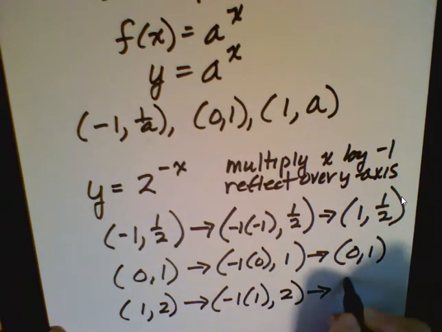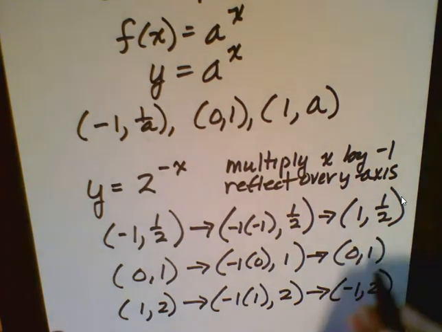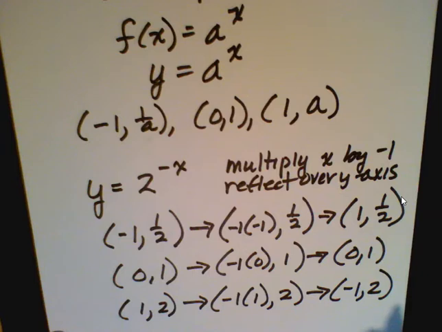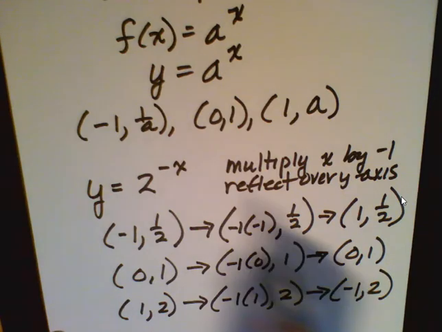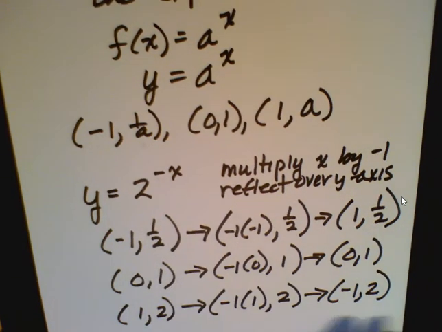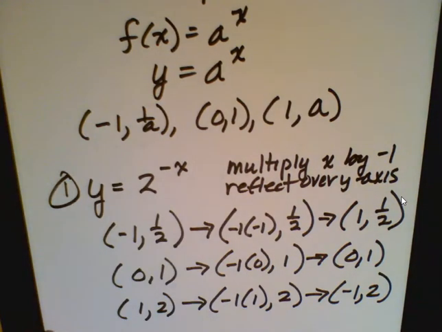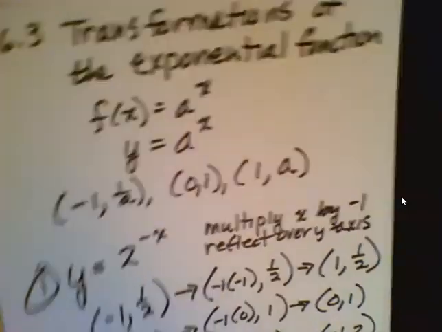Y doesn't change. Negative 1, 2. So these are the new points on the graph. So you would be able to determine which graph, if you're matching or trying to match equations to points, this is how you can make that happen. So that's one example, y equals 2 to the negative x.